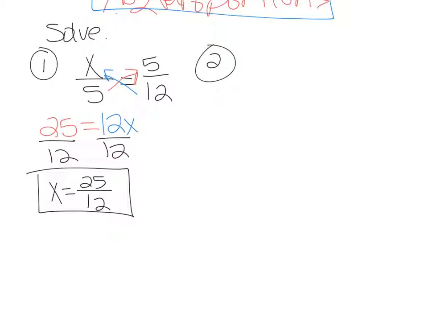Number 2. Yes? How do you know? So, you always start in the bottom left-hand corner. If you wanted to start in the bottom right-hand corner, it would just say 12x equals 25. So it would be the same equation, just flipped. It doesn't matter which side you start on as long as you multiply up and across. You can't multiply just across. And then, can you simplify, change the 5 to 1?